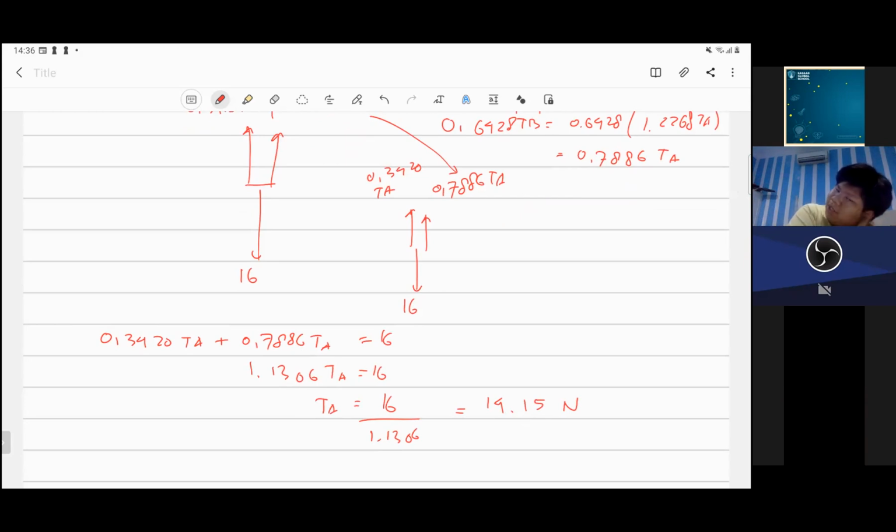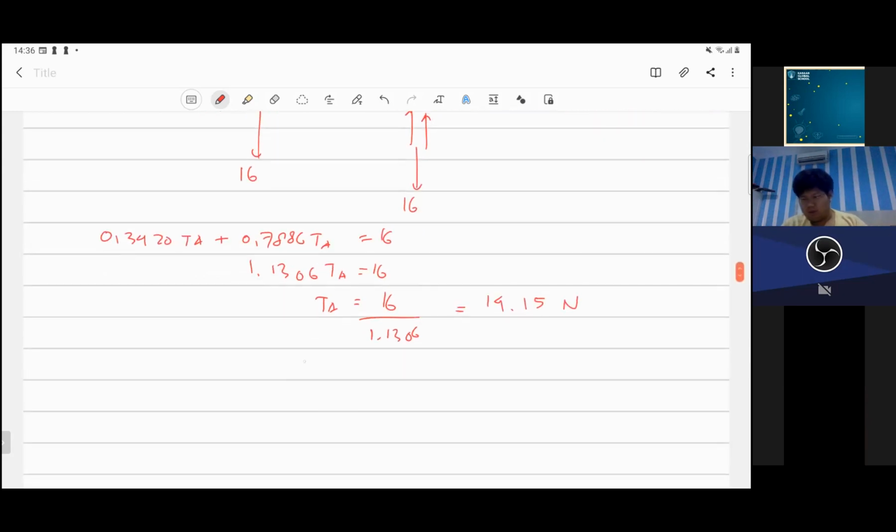Tension A, that means tension A is for the every single tension, right? Like the tension in general, so it's 14.15 newtons. Yes. Okay. That means tension now, just replace. Multiply it by 1.2, yes. But we know what TB is.